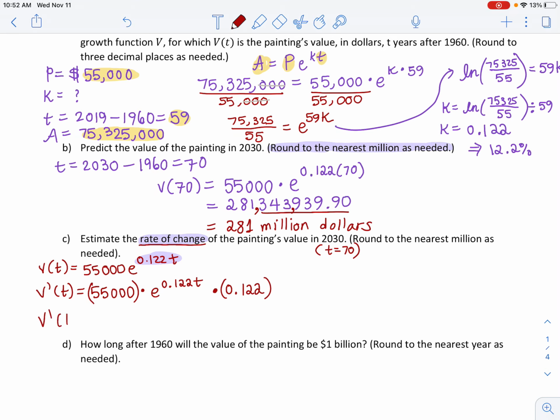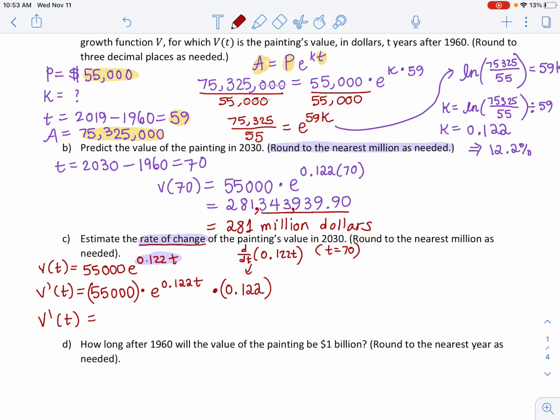Okay? So let me go ahead and multiply these constants. And you know, guys, what rule did we just use? We used the chain rule. This number is there because we found the derivative of 0.122t. We talked about this like crazy on Monday, so I'm going to just use this shortcut.